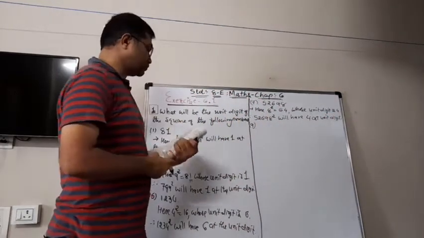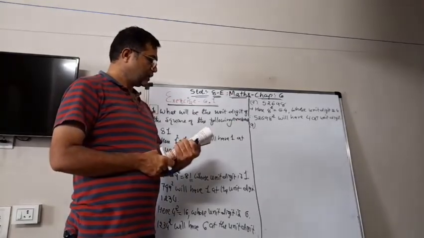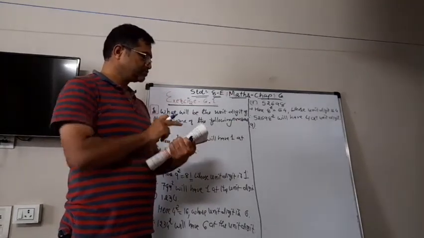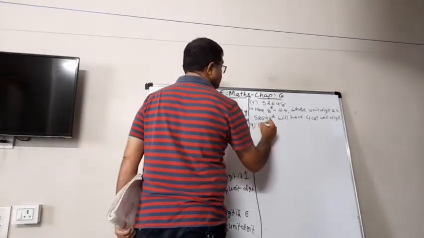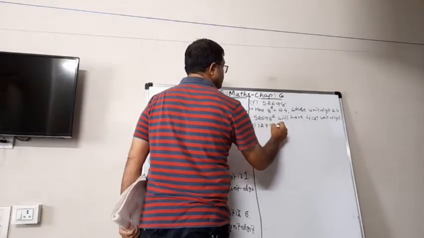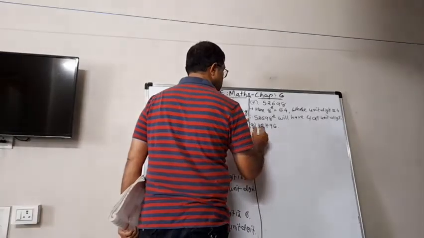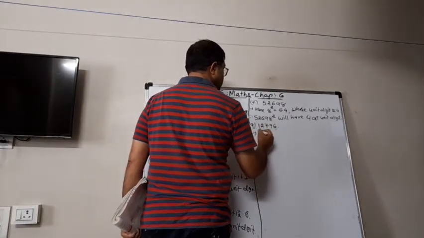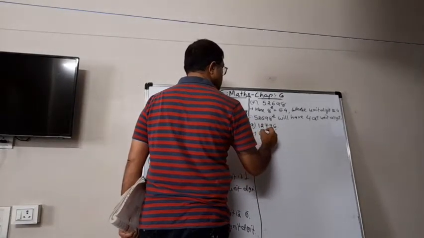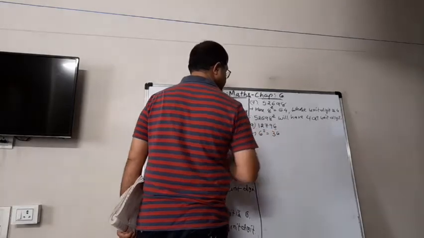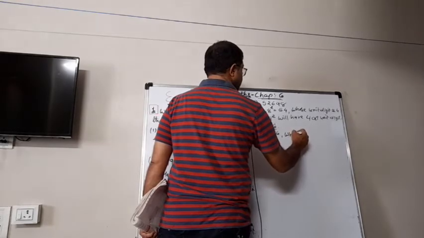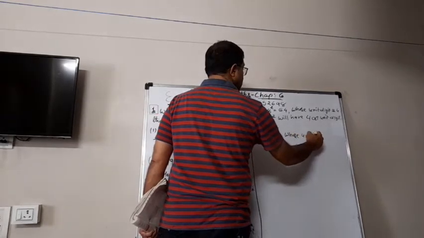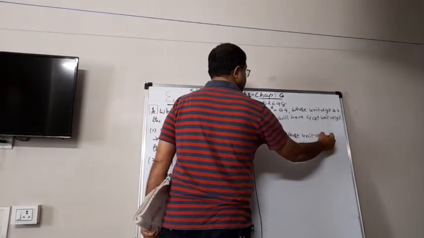Then take the ninth one. Ninth one is 12,796. So here, what is the digit? 6. 6 square is equal to 36, whose unit digit is 6.